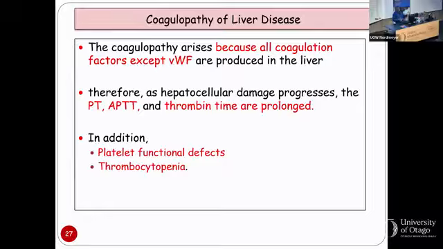Compared to DIC, for instance, we don't have the microthrombi, but we have all the coagulation screening tests prolonged. In addition, there could be some platelet dysfunction. There could also be thrombocytopenia from other mechanisms.